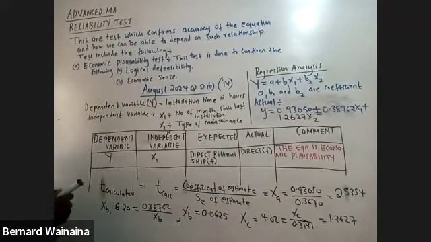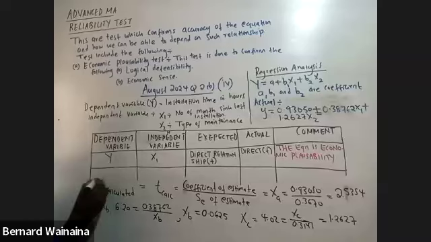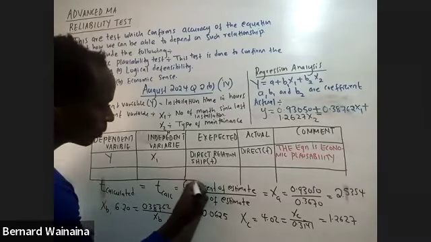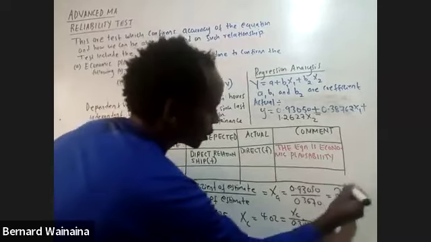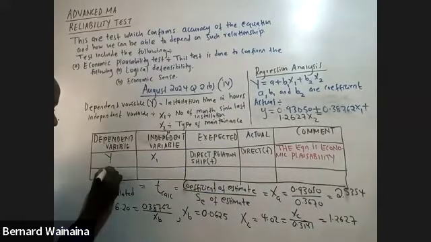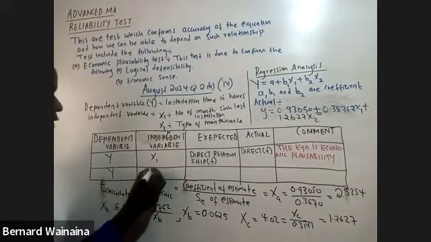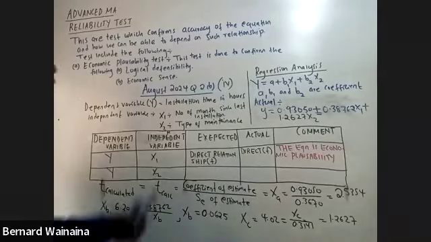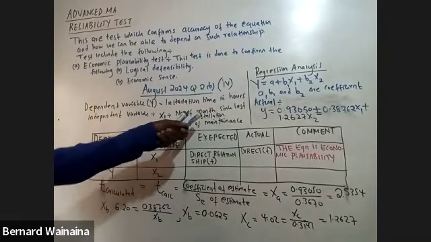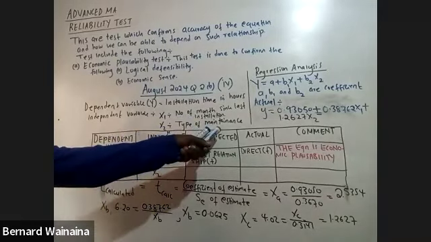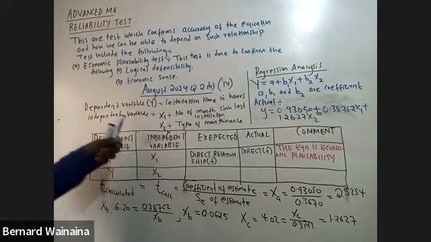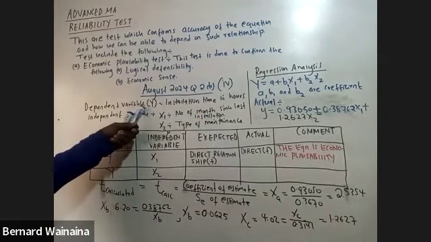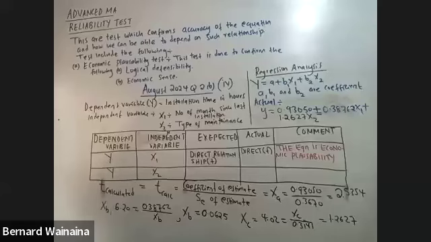Now, we go to the next variable, which is our X2. We have Y as our dependent, and we have X2. Now, what do we expect? We also expect that the type of machine that we shall use is in direct proportion to the time of installation.